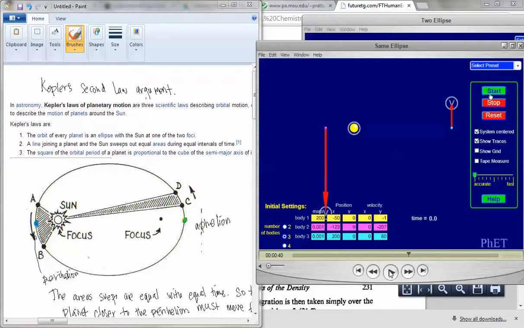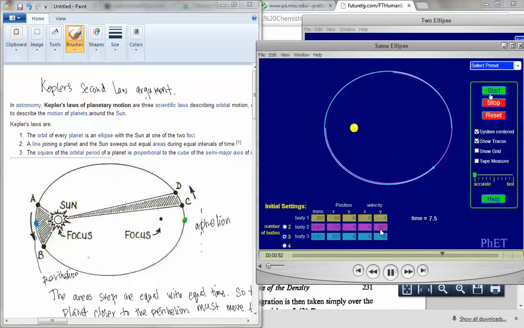And when they go, they whip around and have the same orbit path. But notice that in the initial conditions I had to start body 2 a little bit faster, because when it's going over here it moves a little bit faster. I didn't get it to match up exactly, but I got pretty close.